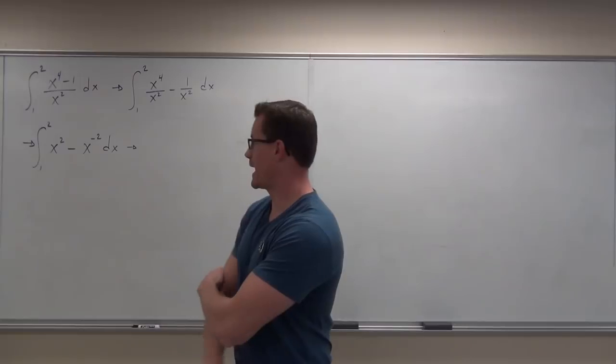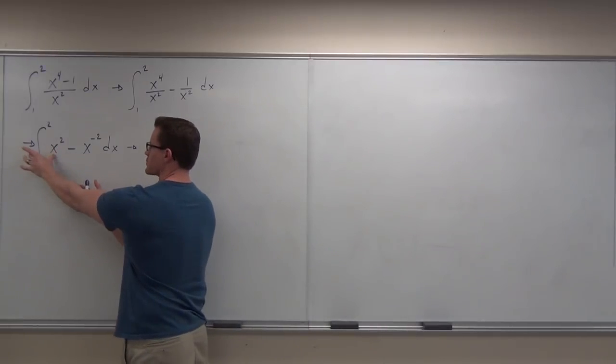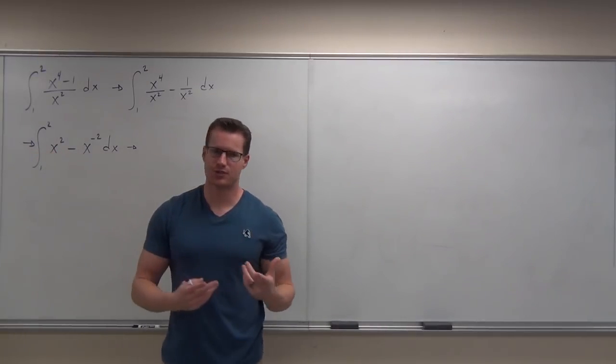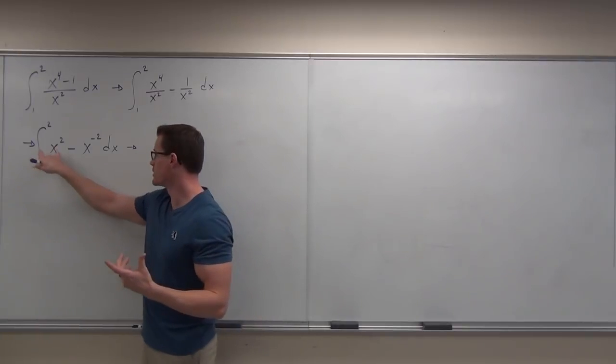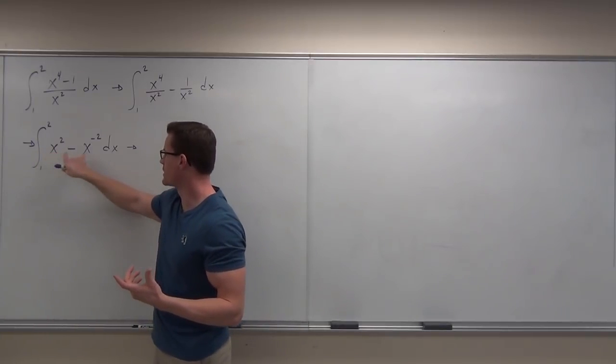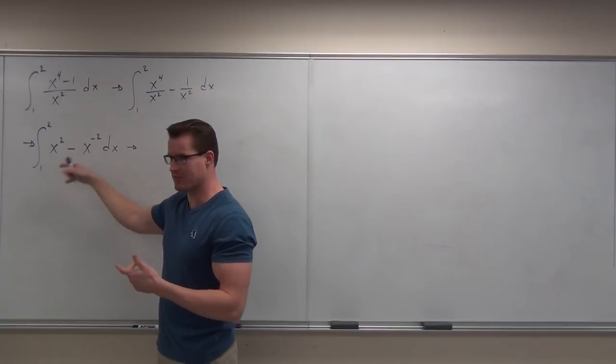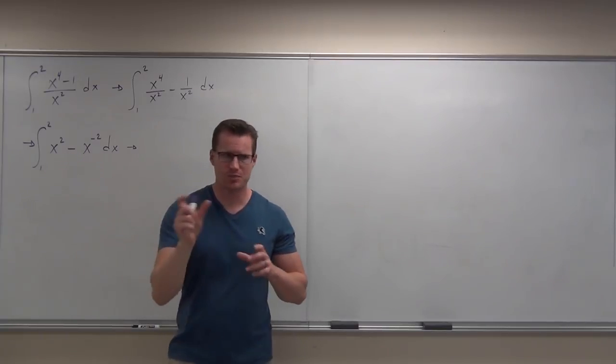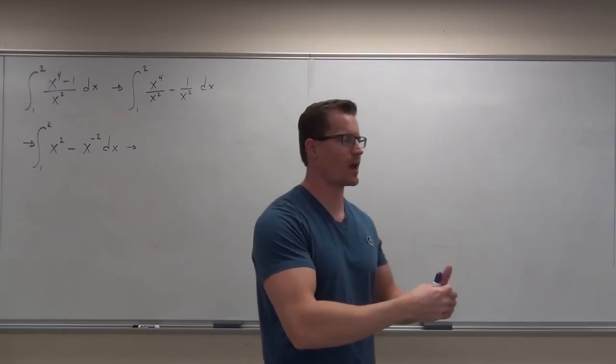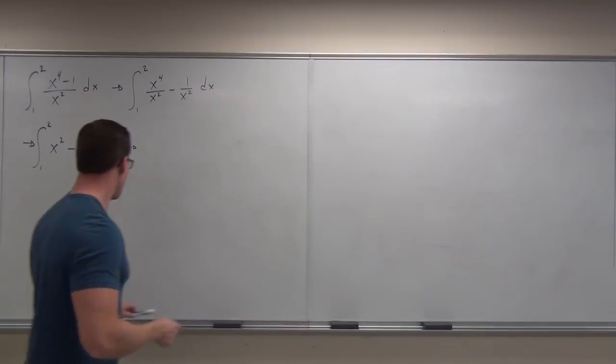Remember that while you can split this up into integral minus integral, you don't have to. You can just take it piece by piece. So take the integral of this piece minus the integral of this piece. Of course, you can change the minus to a plus. You can do it piece by piece when you have multiple terms in there. You don't have to separate it all.